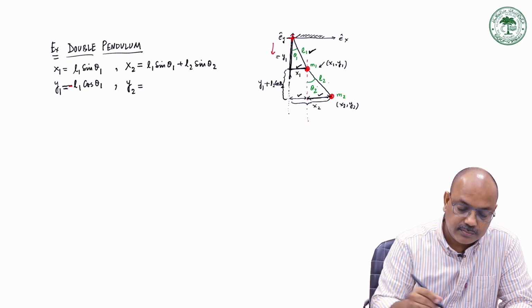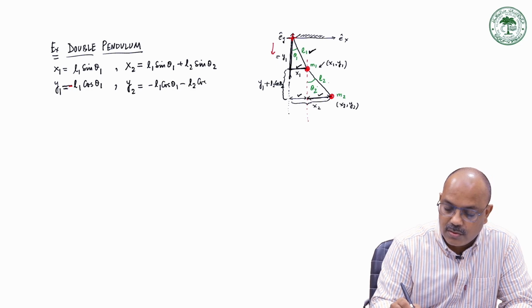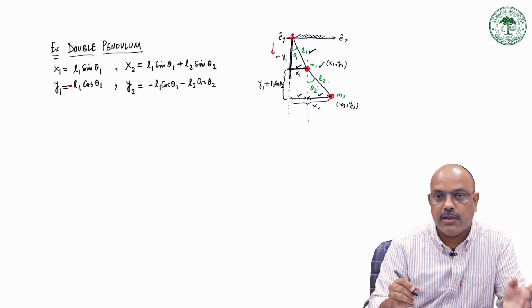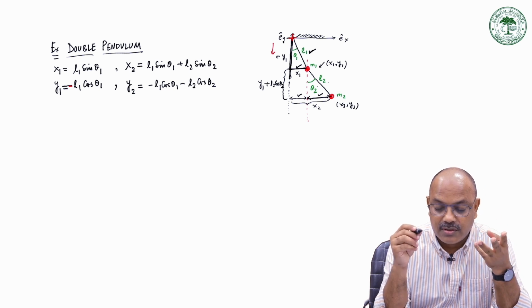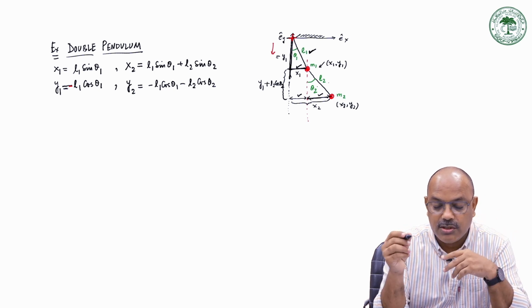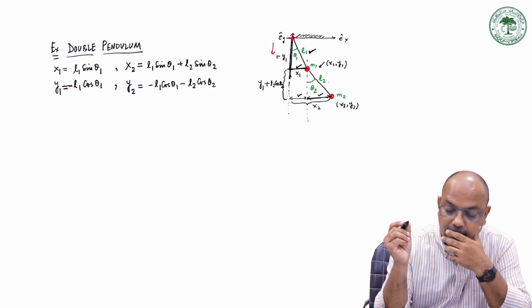So this is going to be minus L1 cos theta 1 minus L2 cos theta 2. You have to be careful about writing L1, L2, theta 1, theta 2, because these four things are going to change in the case of the double pendulum.